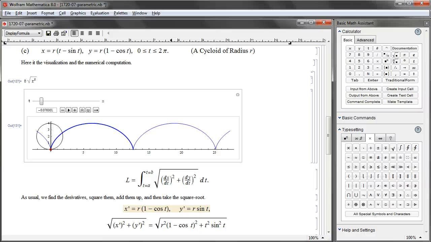And those are easy derivative computations. r this time is just a constant, so take the derivative with respect to t and that's it.